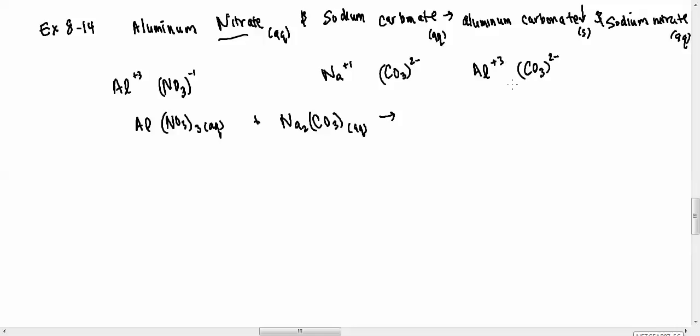So using the crisscross method, or just understanding that you're going to need 2 of these aluminums to balance out with 3 of these carbonates, you'll have Al2(CO3)3, and I'm going to signify that with a down arrow. You know, I don't really like that. I'm going to just make it with an S down there for solid.